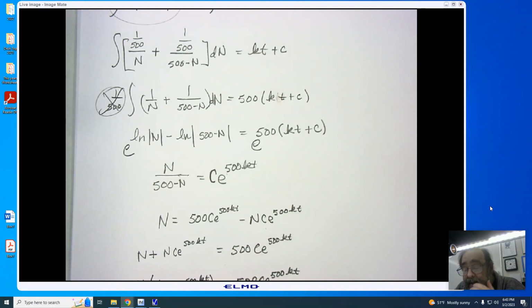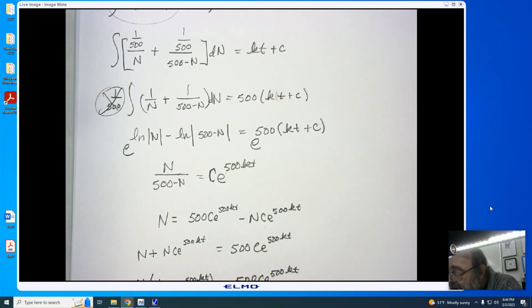Now, be aware that when I was doing this, I ended up with a positive, which I'm going to now divide. So I end up with this n. I get 500 ce to the 500 kt, and then I have 1 plus ce to the 500 kt.